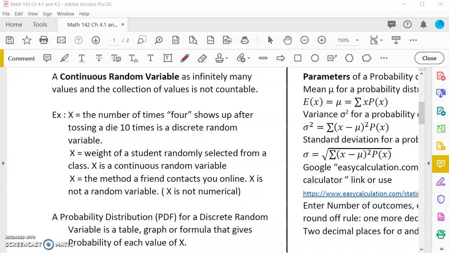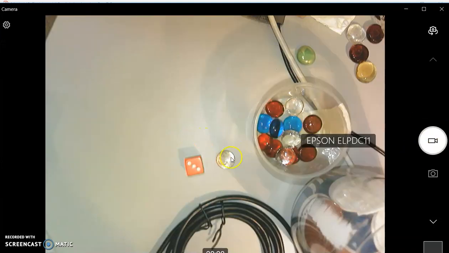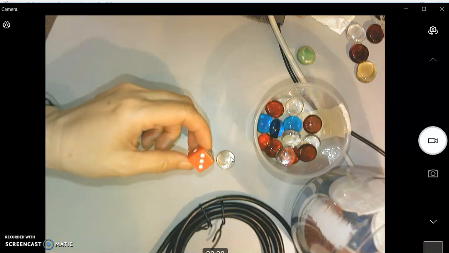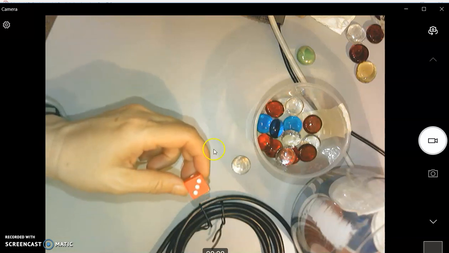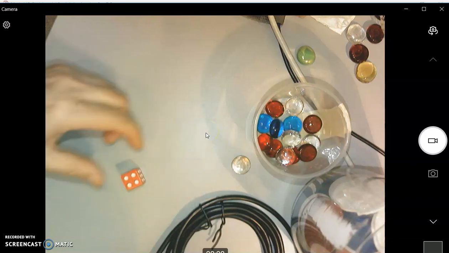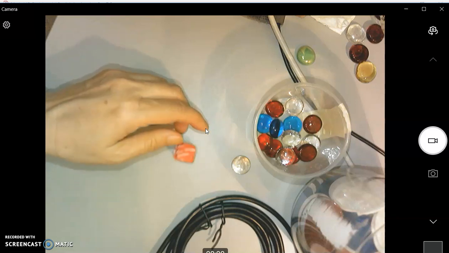Okay, let's do a demo. Here I have a die. If I toss it randomly, it will give me a number. Oh, I have a 6. No 4. Oh, one 4.